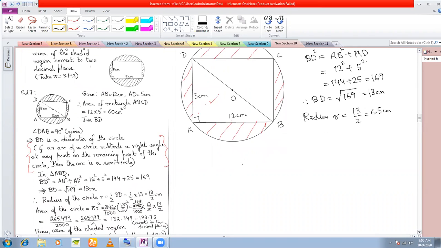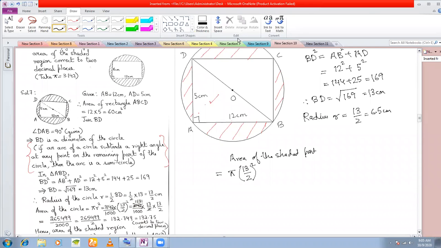So what is the area of the shaded part? Area of the circle. What is the area of the circle? They have asked you to take pi is equal to 3.142. Let us write first simply pi r square. This is the area of the circle.